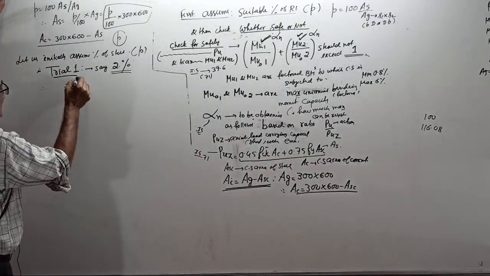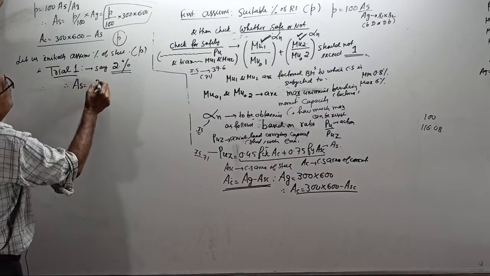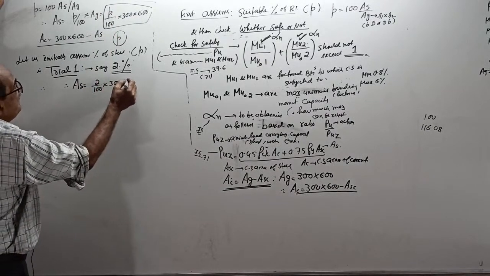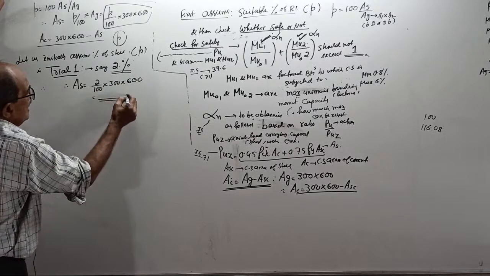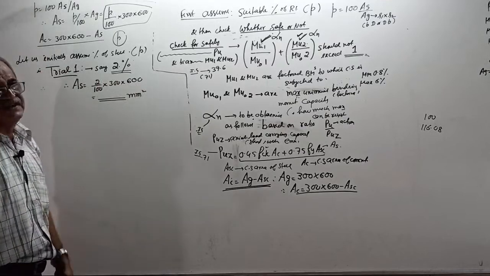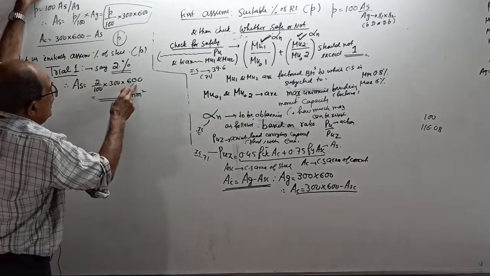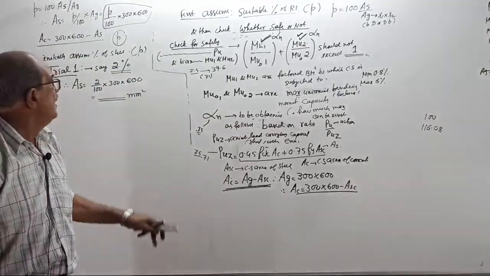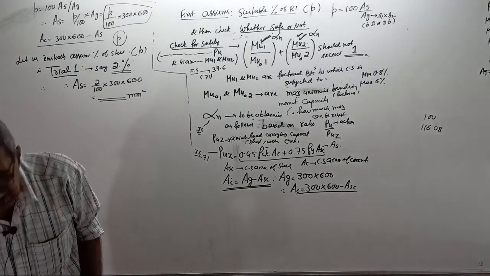therefore, your area of steel equals 2 by 100 of 300 by 600. Tell fast the answer: what is the area of steel in mm square, based on 2% steel? I have a calculator here.